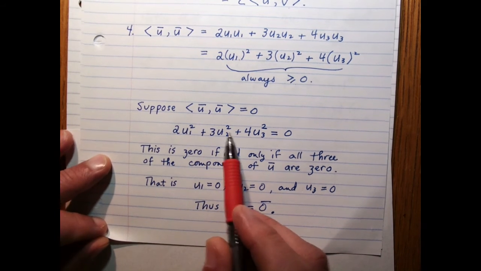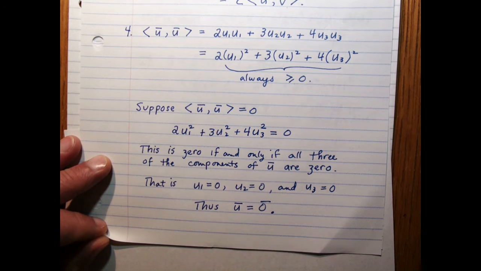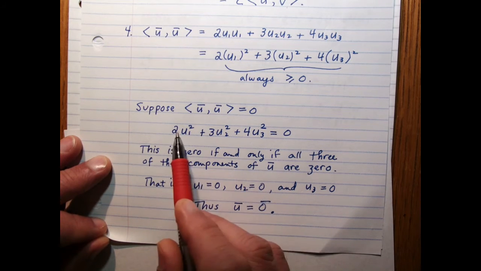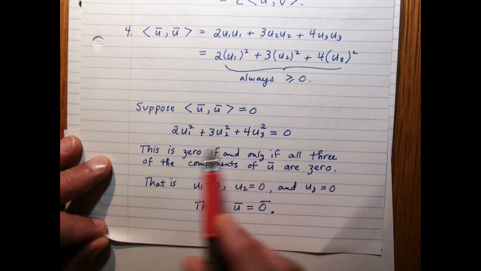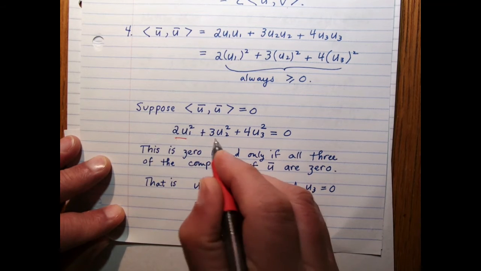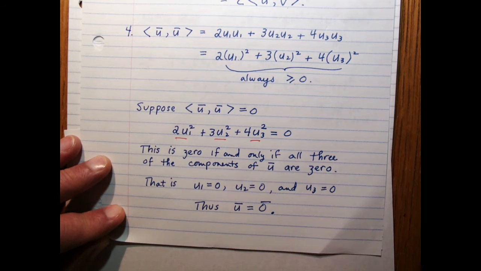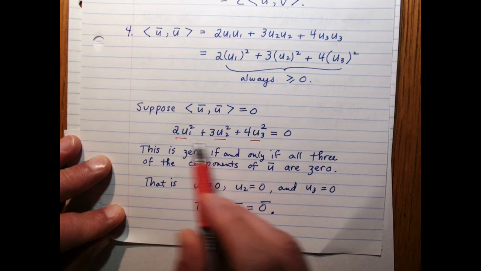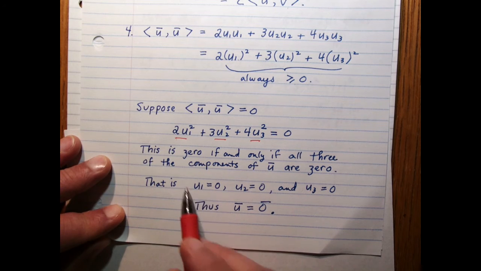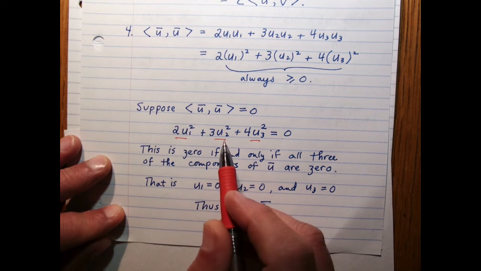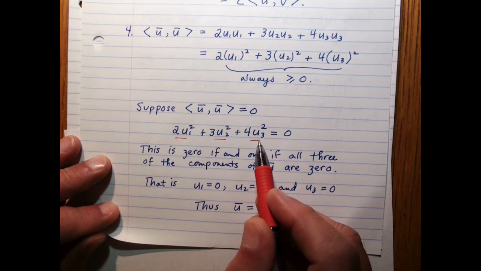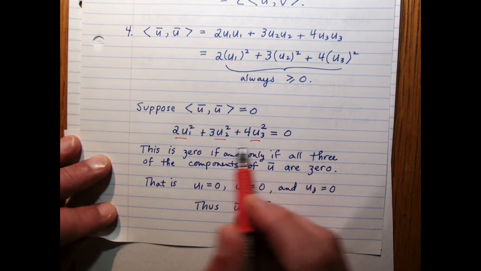Again, because of the squares involved here, the only way the expression on the left can be 0 is if each one of these terms has to be equal to 0. And the only way each one of those terms can be equal to 0 is if u1 is equal to 0 and u2 is equal to 0 and u3 is equal to 0.